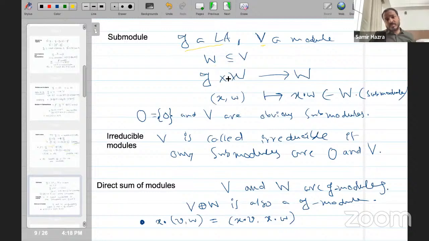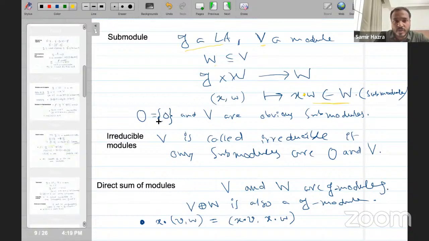Not always, but if we can restrict the action of G to W, then W is a submodule. This is the same action as the original one. Suppose we define x, w goes to x dot w, and x dot w is again inside W. Then W becomes a submodule. So it is possible to restrict the G action to W from V.